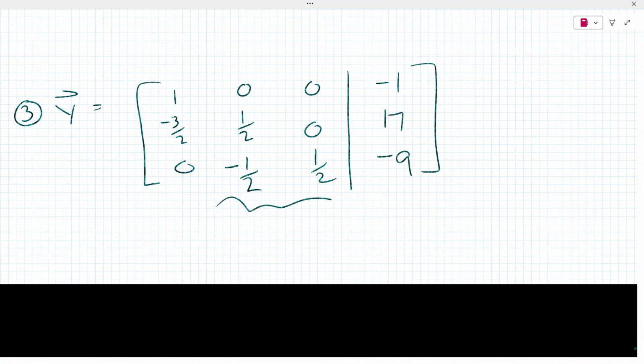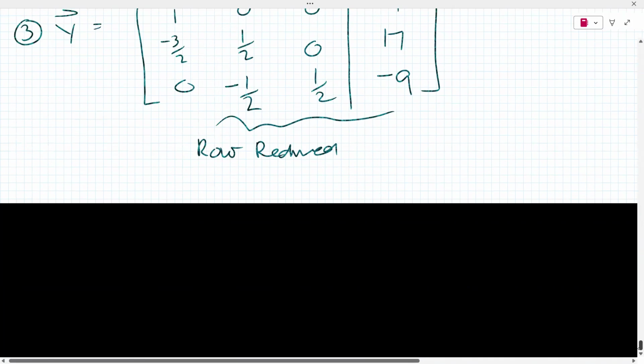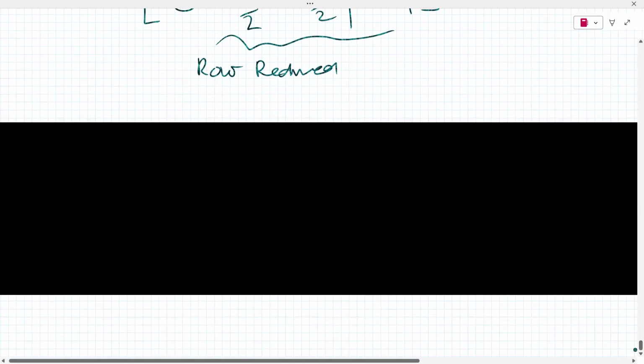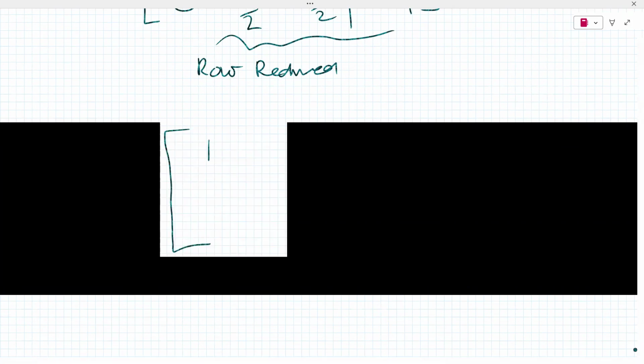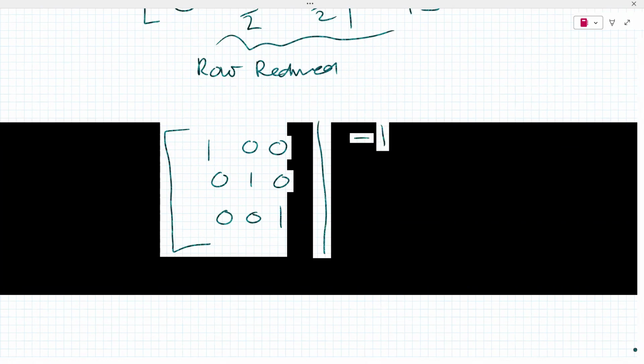Then what you want to do is row reduce, basically making all the diagonals ones and the upper and lower triangles zeros. So when you row reduce with the help of a computer, you get this: 1, 0, 0, 0, 0, -1, 31, 13.